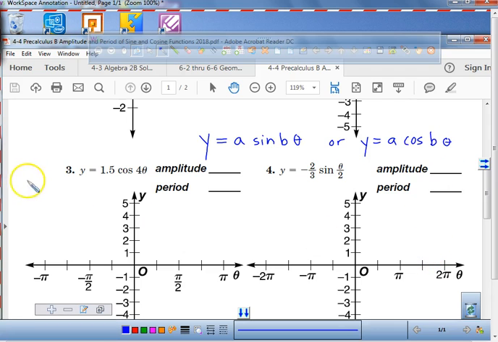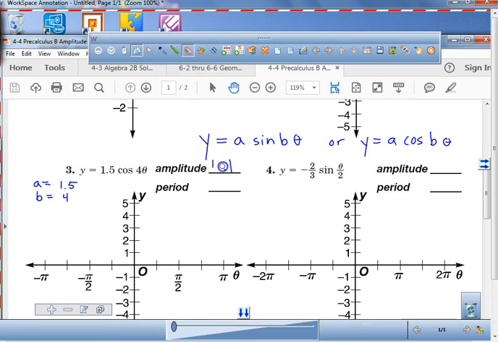If we look at problem number 3, what's my A value? 1.5, that's right. And what is my B value? 4, very good. When we're trying to find the amplitude, it will always be the absolute value of the A value. So the absolute value of 1.5 is 1.5.